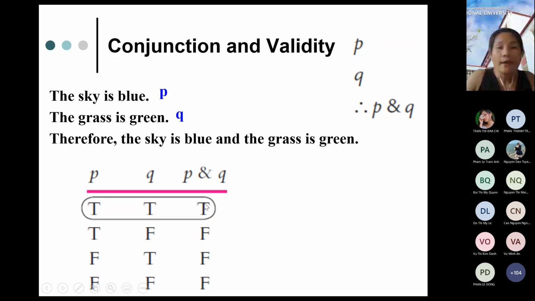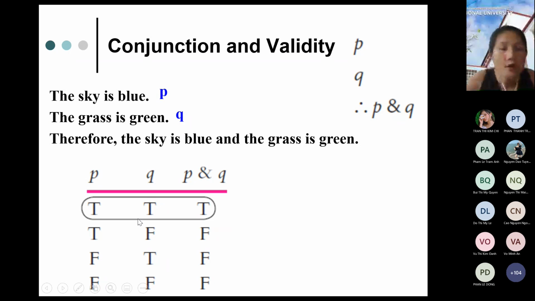And then the third column is the column of the conclusion. For sure, we will need to fill in the values. We could see that the third column is a conjunction of P and Q. So we look at the value of P and the value of Q to apply the conjunction rule, okay, to fill in the values for this column. And again, remember, a conjunction is true if and only if both simpler claims are true.